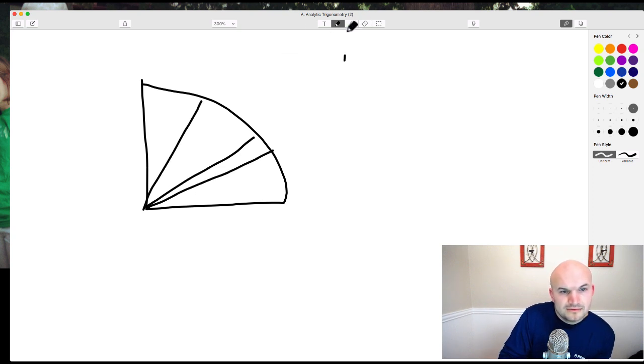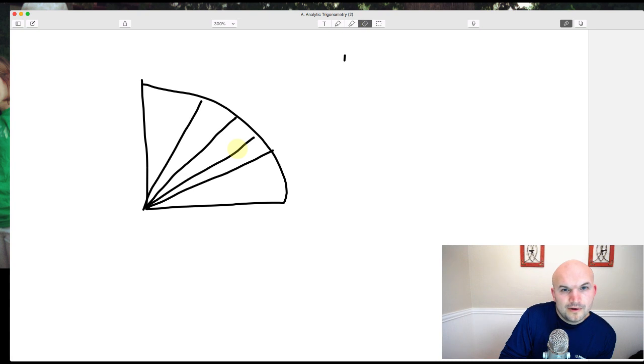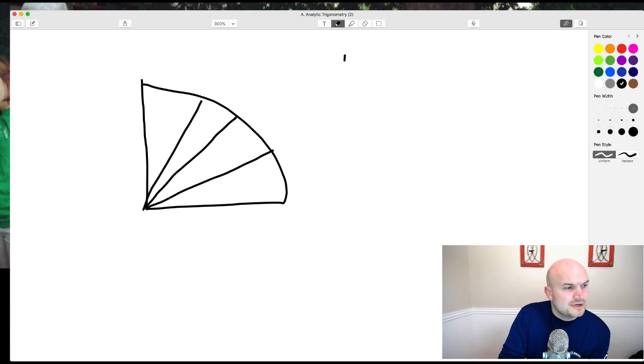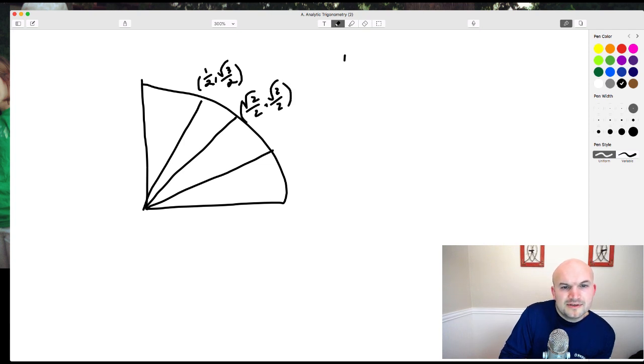Let's say this point is 1/2, comma, square root of 3 over 2. This point is square root of 2 over 2, comma, square root of 2 over 2. And this point is square root of 3 over 2, comma, 1/2.